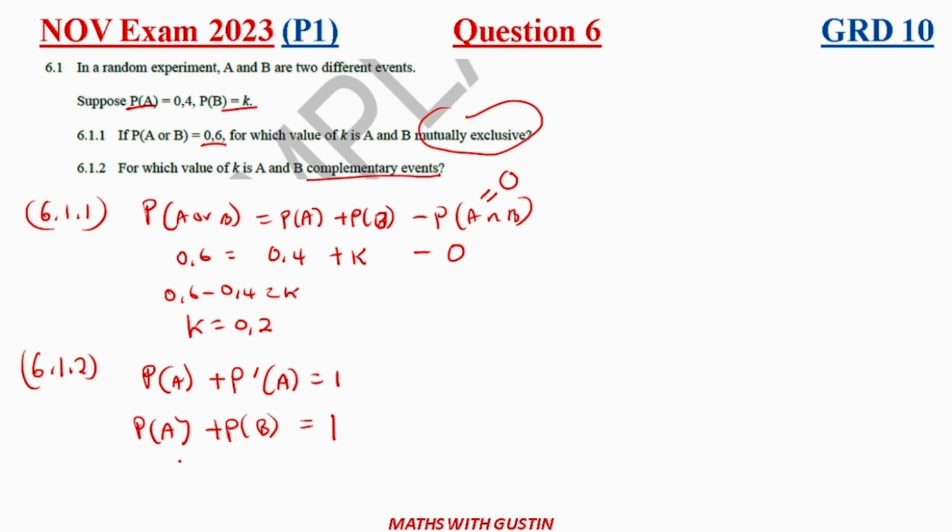We know the probability of A is 0.4, and we don't know the probability of B, which is K. So K is going to be 1 minus 0.4, which gives us 0.6 if they are complementary to each other. So guys, this is just straightforward. I just want to see if you fully understand the concept and how to illustrate them in terms of numbers. So let's move on to 6.2.